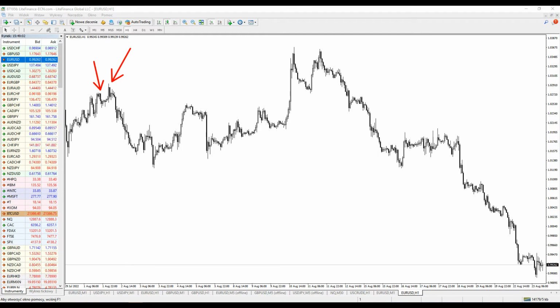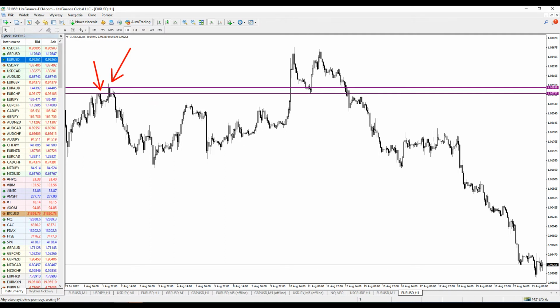So let's place a few lines for you. That's line number one, and based on this another one, and we also have been working with some swing over here. Look how beautiful after the rally, right?